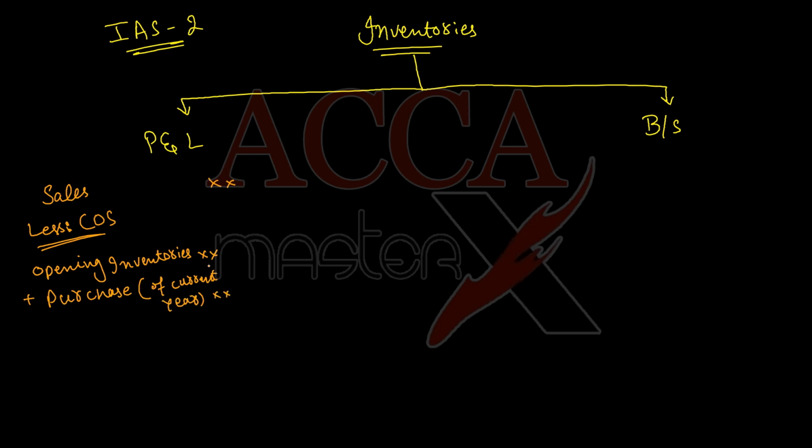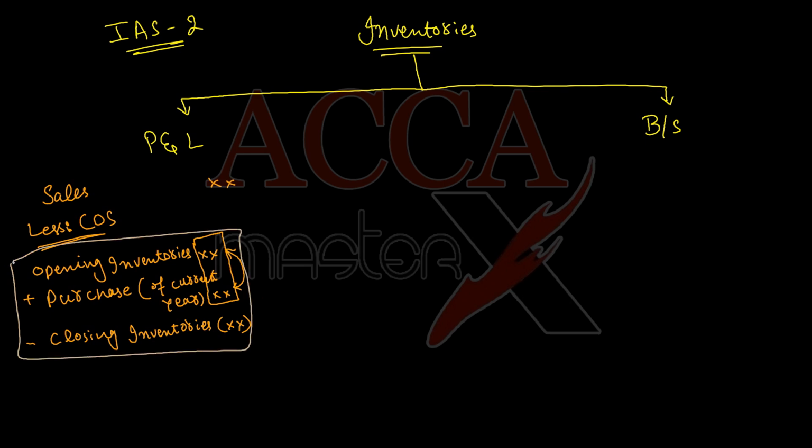Okay, we add this amount to our opening inventories, and finally we have closing inventories, which we deduct from the total of both of them. So if we net them off, then we will get our cost of sales for this year, right?